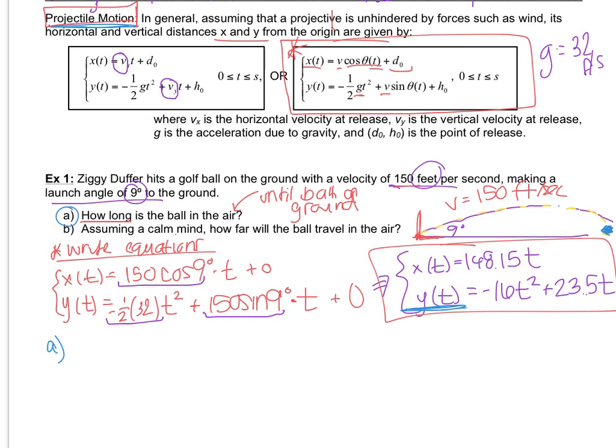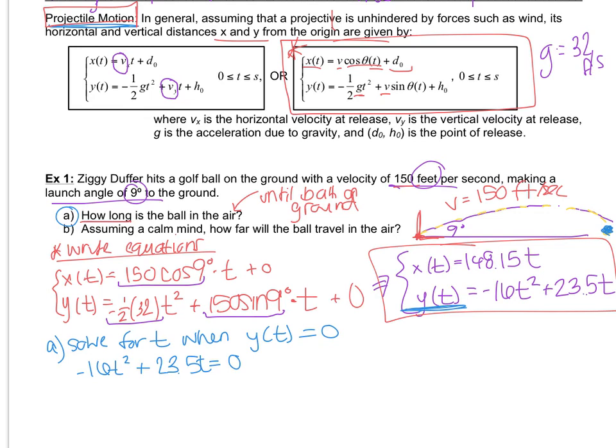So we want to solve for t when y of t, our vertical distance or our height, equals 0. So all we're doing is saying, okay, when does negative 16t squared plus 23.5t equals 0?